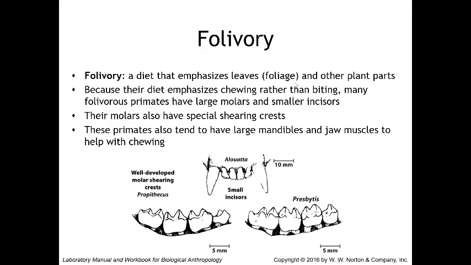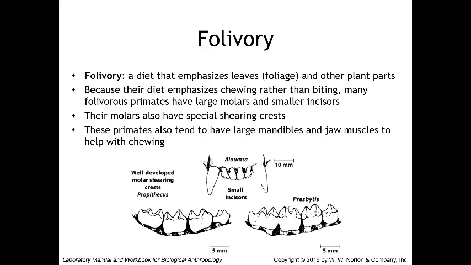I will admit that I did want one of those bear claw things for a while, but it's used to shred meat essentially. It's the same way that these shearing crests work, right? These crests will work with these crests and they'll just kind of rip apart the vegetation, right?